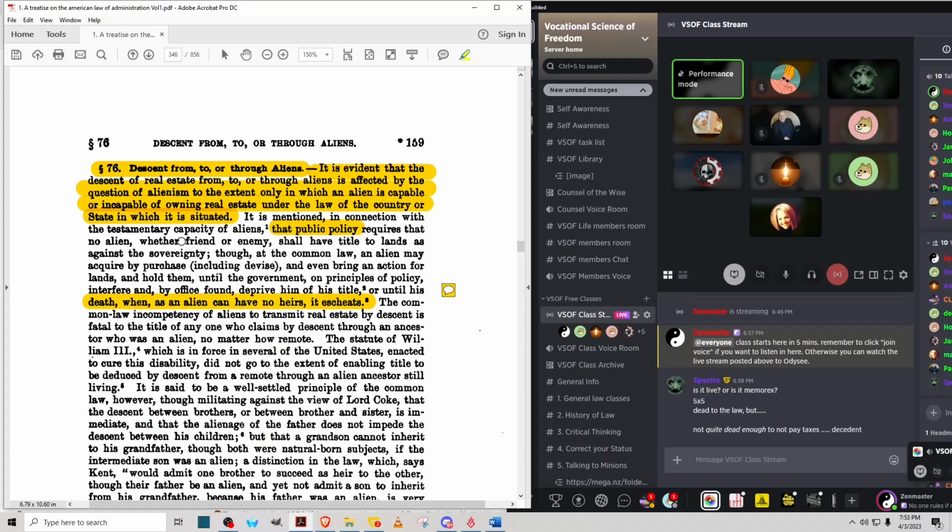Section 76. Descent from and through aliens. Okay. Now, before I get into this, I want to make a point here again. We, the people of our respective states, being lawfully domiciled and a lawful inhabitant thereof, are foreign to the District of Columbia and Congress thereof. Okay?